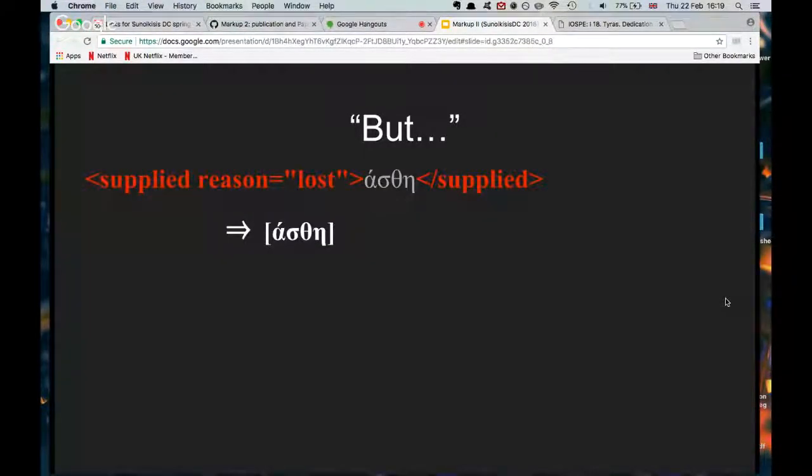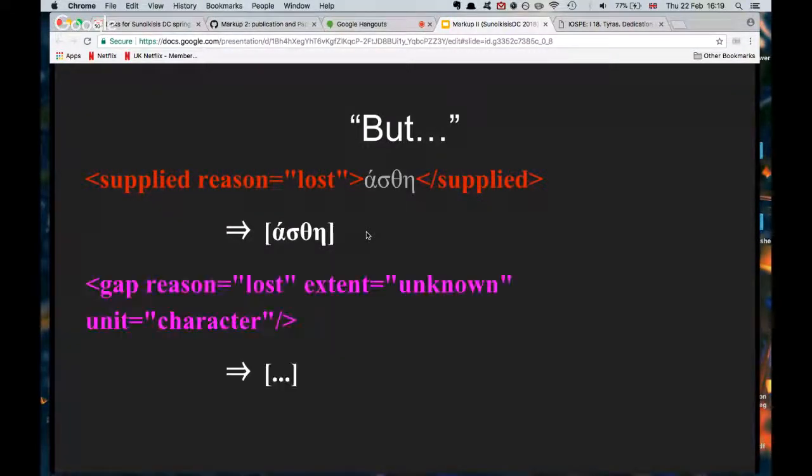However, we know that this markup, supplied reason lost content, close the supplied, results in the Leiden content enclosed in square brackets. We also know that the markup for the gap results in 3 dots enclosed in square brackets.